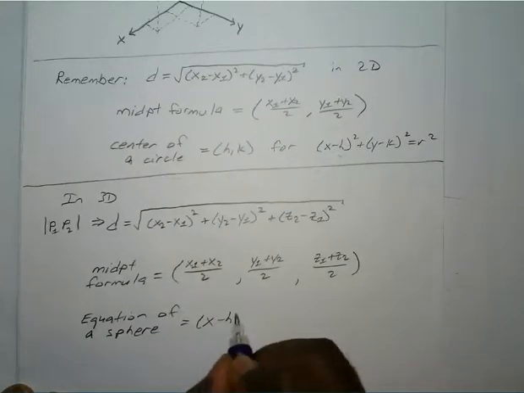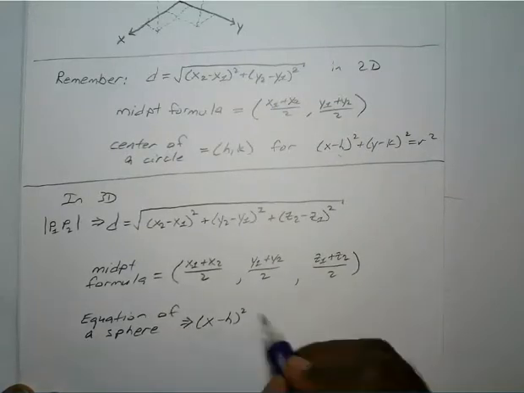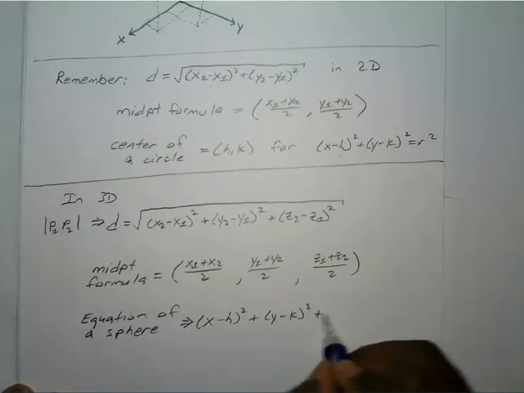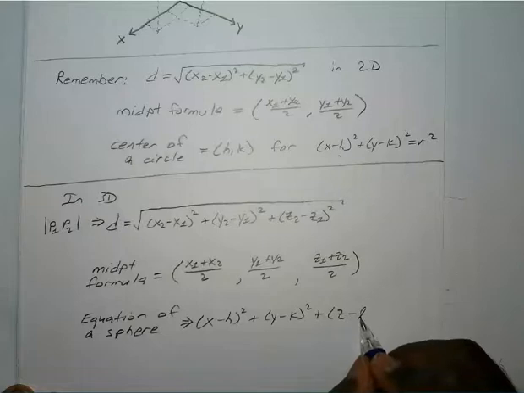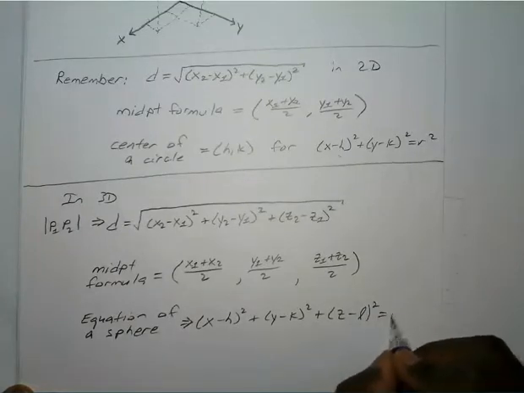It's x minus h squared, plus y minus k squared, plus z minus l squared, equals r squared.